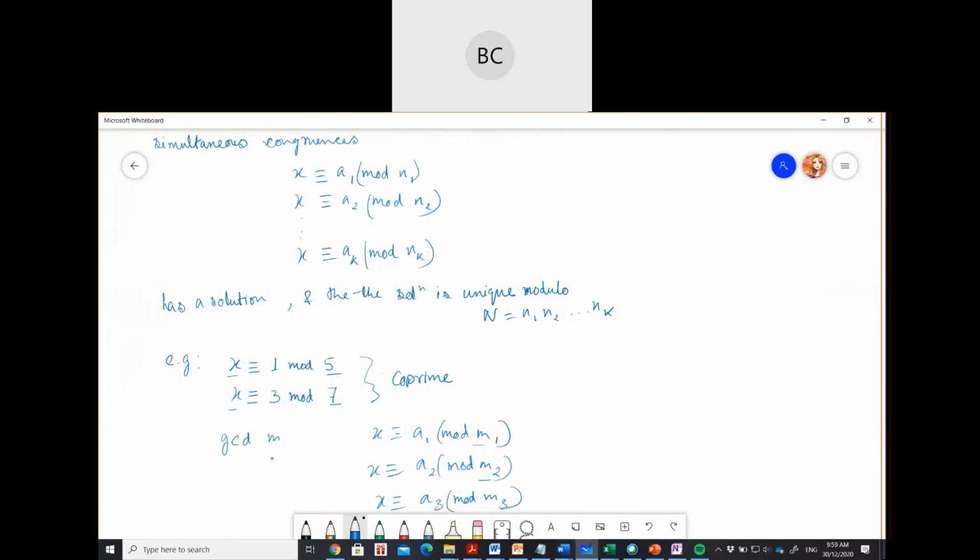Okay, so up to this point your modular arithmetic is finished. So we have mainly covered modular arithmetic, number theorems, Chinese remainder theorem, Fermat's theorem, then primality test and all.